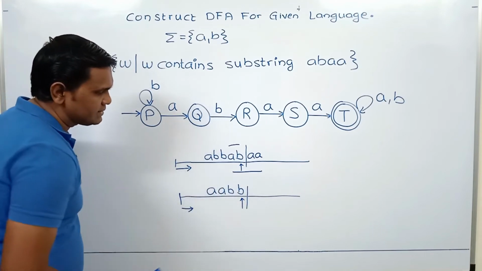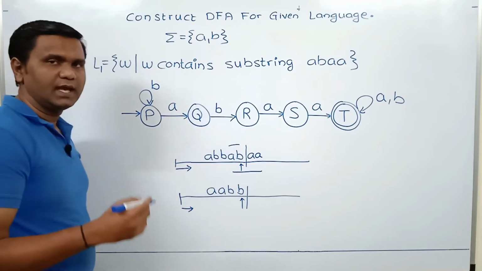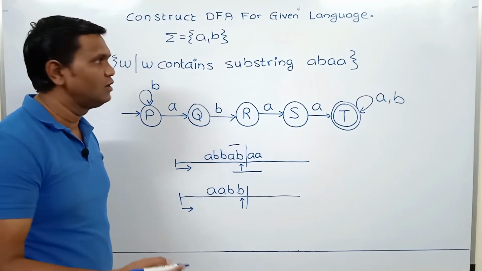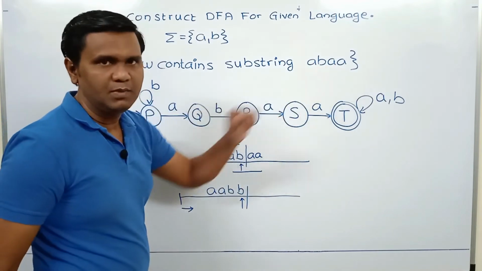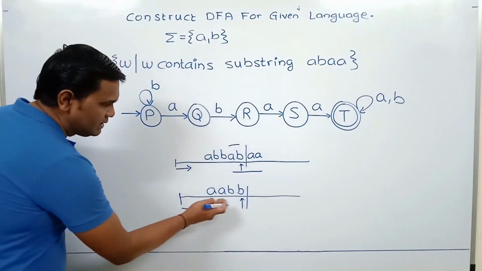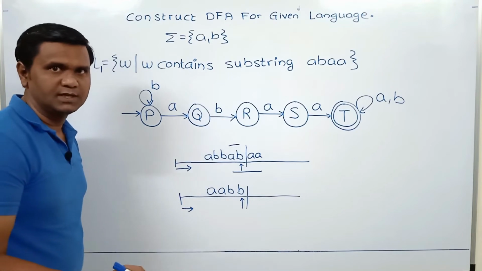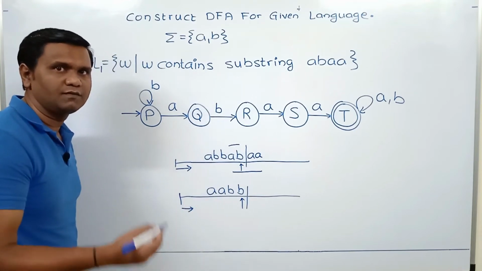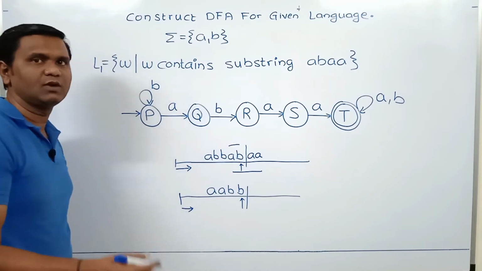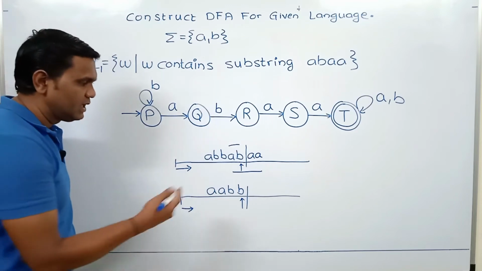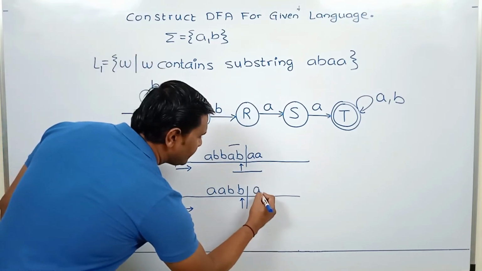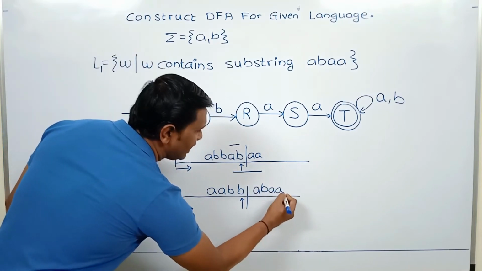Now in this case, can we use any suffix of the last seen symbols and get substring ABAA? In this case, it is not possible. We cannot use any suffix of the last seen symbols to get the required substring ABAA. If we want ABAA, we need to have the complete substring ABAA.